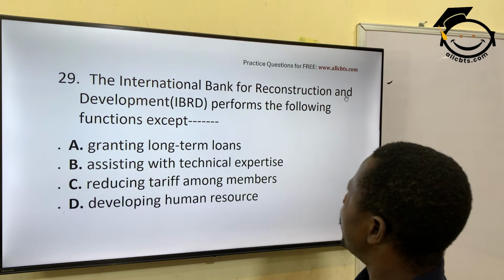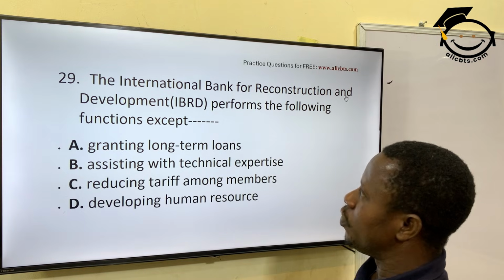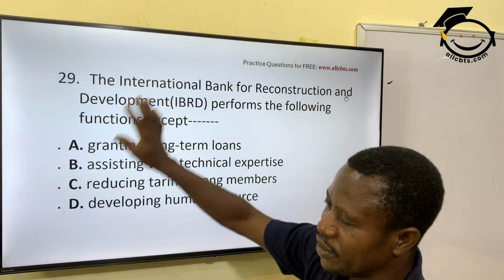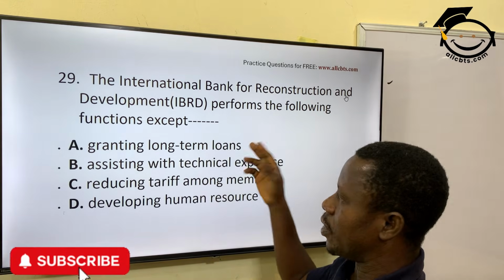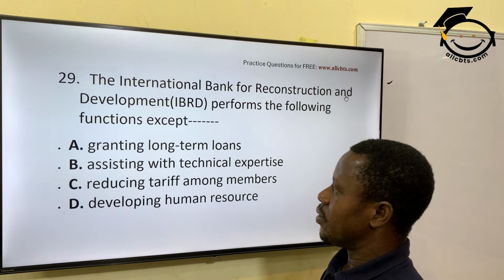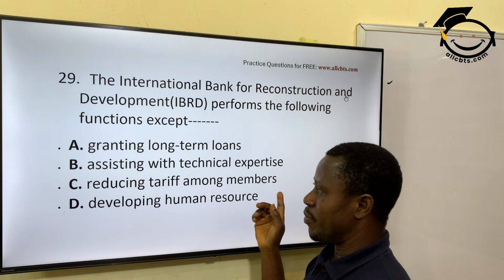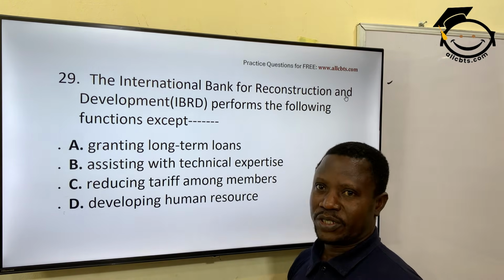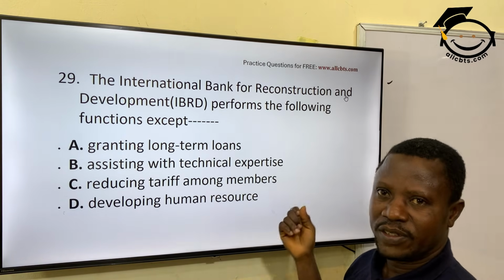The International Bank for Reconstruction and Development, IBRD, that's the World Bank, performs the following functions except, now all these are functions of the World Bank, except one. Granting long-term loans, yes. Assisting with technical expertise, yes. Reducing tariff among members. What does tariff mean? Import duties. What has that got to do with the World Bank? Developing human resources, yes.